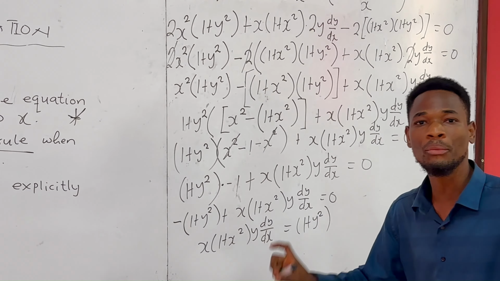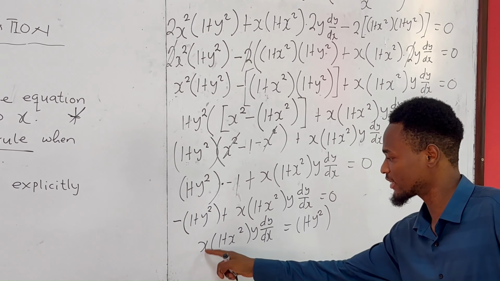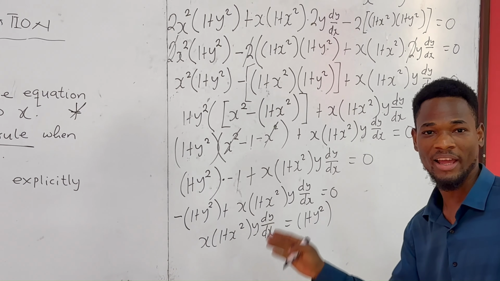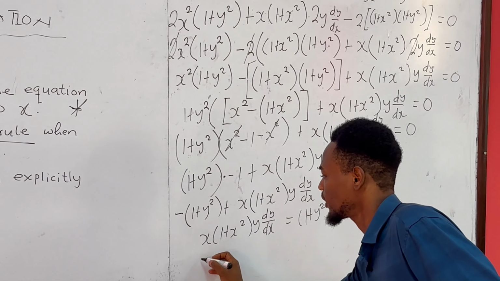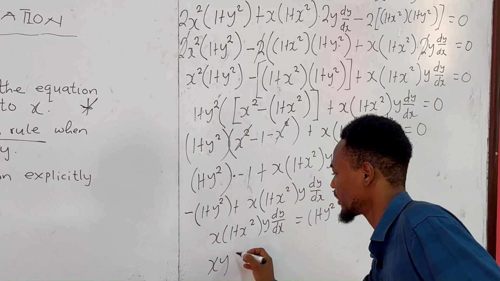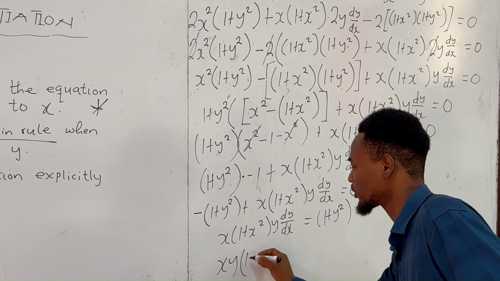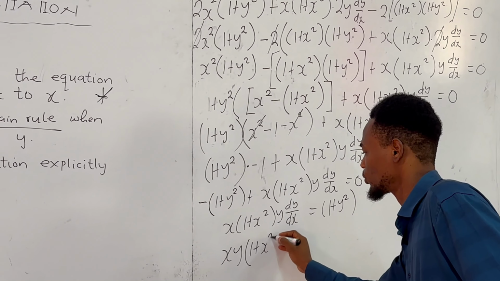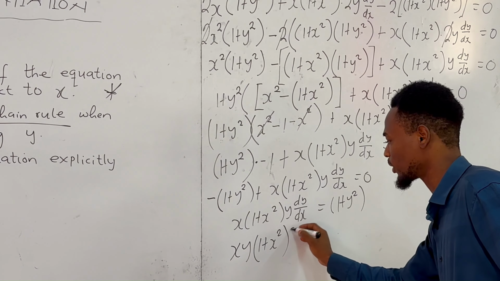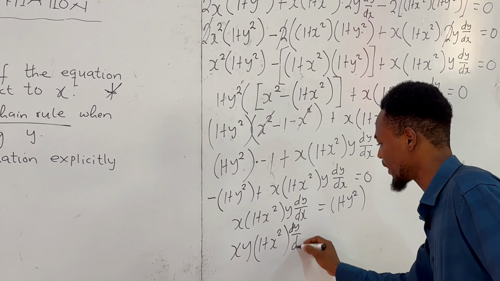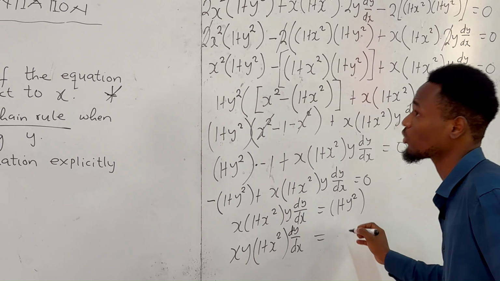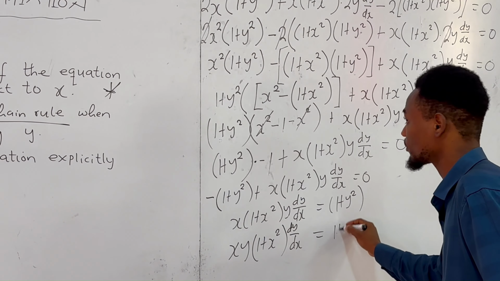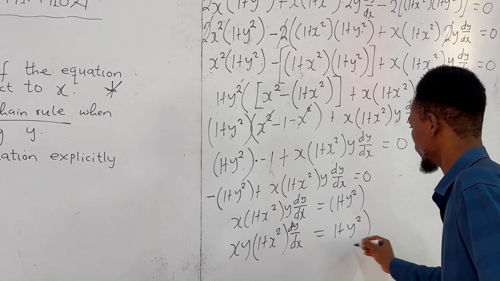So by rearrangement, x times y becomes y times x. So I have x y, then bracket, the expression 1 plus x squared, multiplying dy over dx, which is equal to 1 plus y squared.